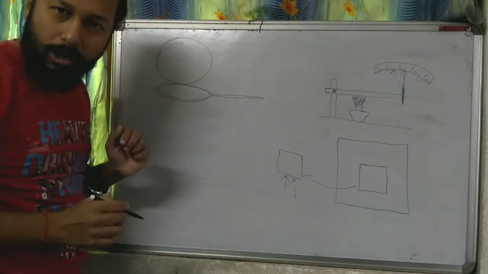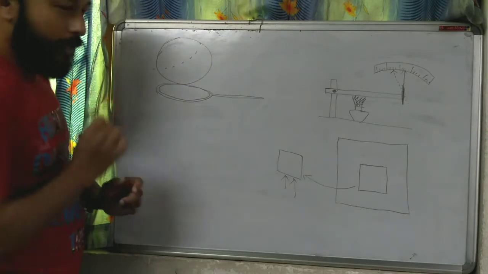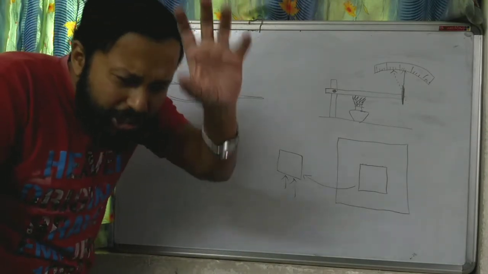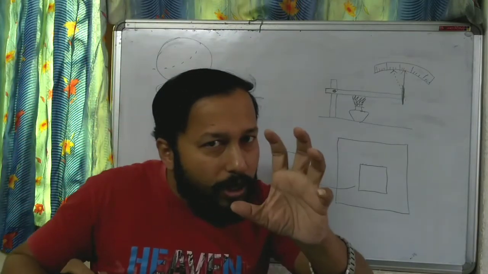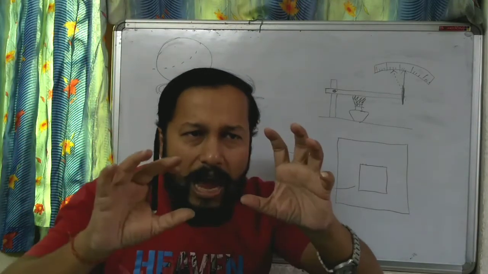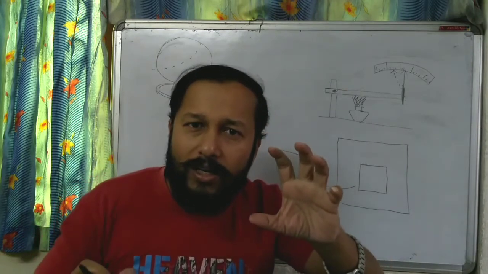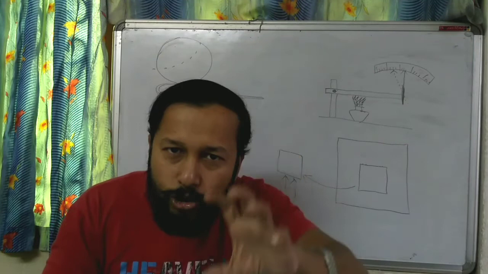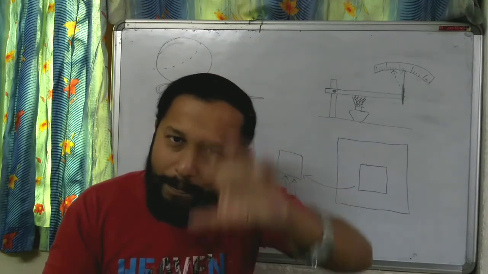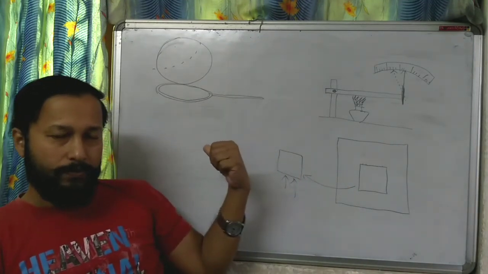The size of the ball and the size of the ring are almost equal, so that the metal ball can pass through this ring.